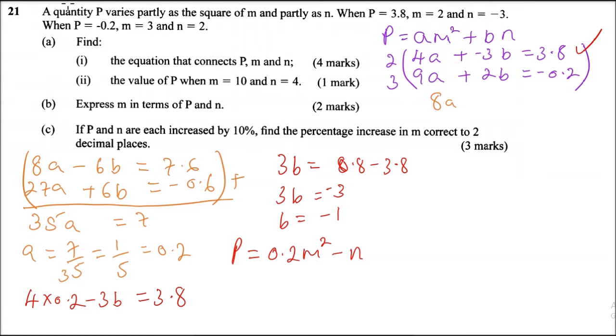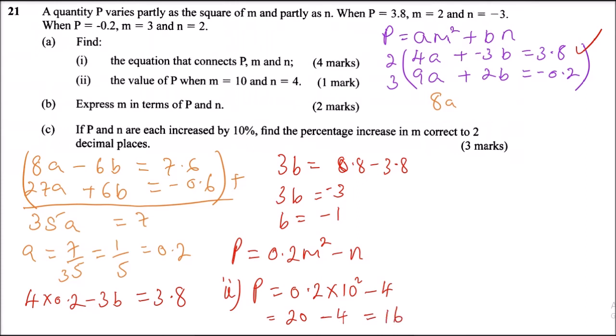You just substitute the values into our equation. So this is part B, Roman number 2. We say P is equal to 0.2 multiplied by 10 squared, then minus n, which is 4. This is 100 multiplied by 0.2 is 20 minus 4, which will give you 16.